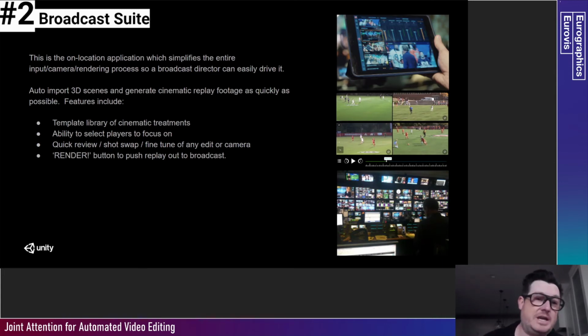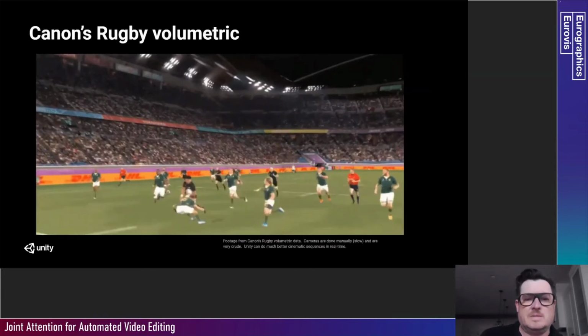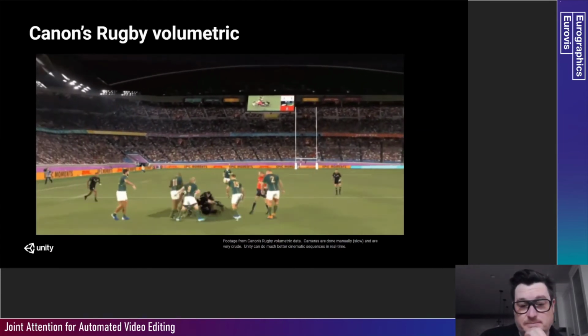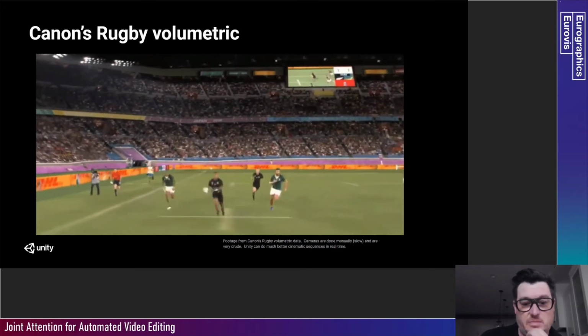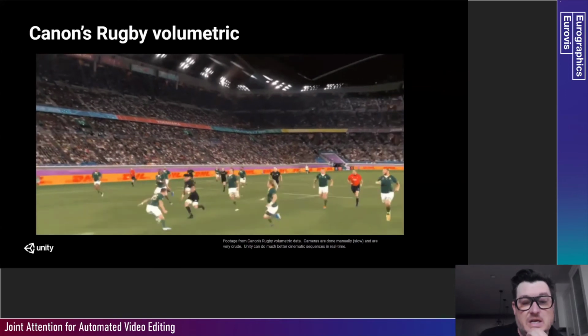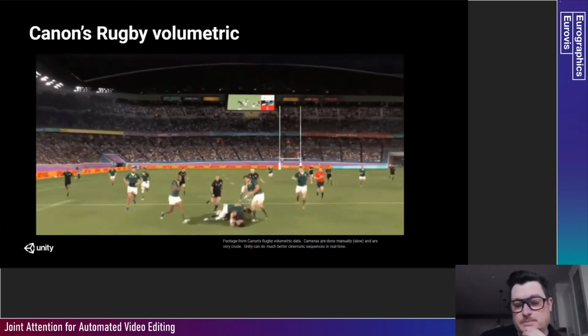I imagine refereeing will be very different when you can put a camera anywhere and see what's happened, and create very cinematic content nearly live or for post-game highlights and those kinds of things. So this is a close-up shot of Canon's Rugby. It's very impressive. It's basically photoreal, and you can see, it's a single camera movement.